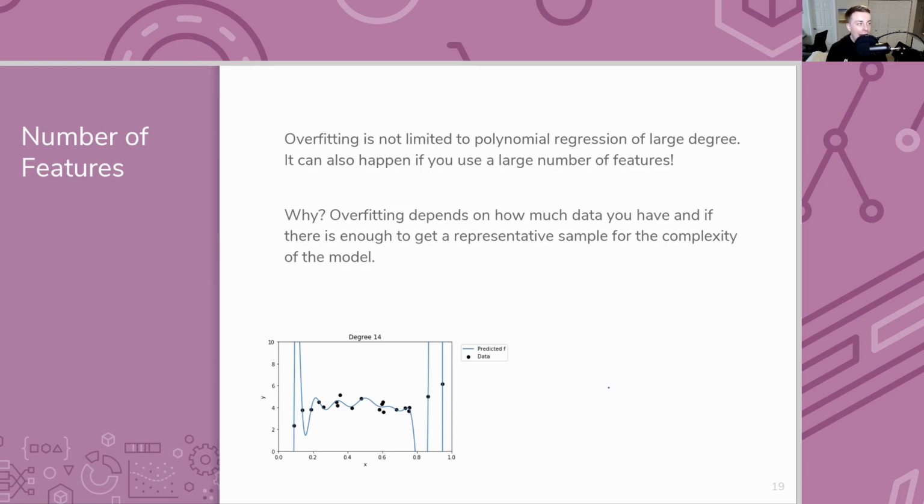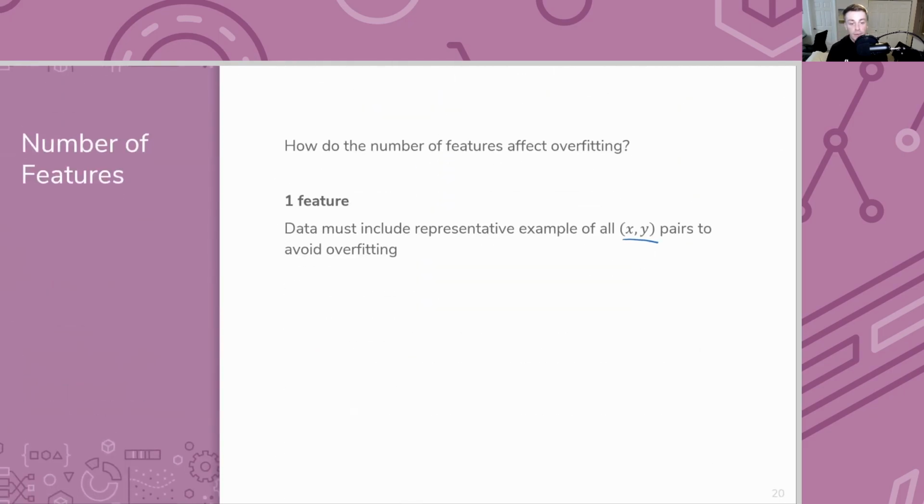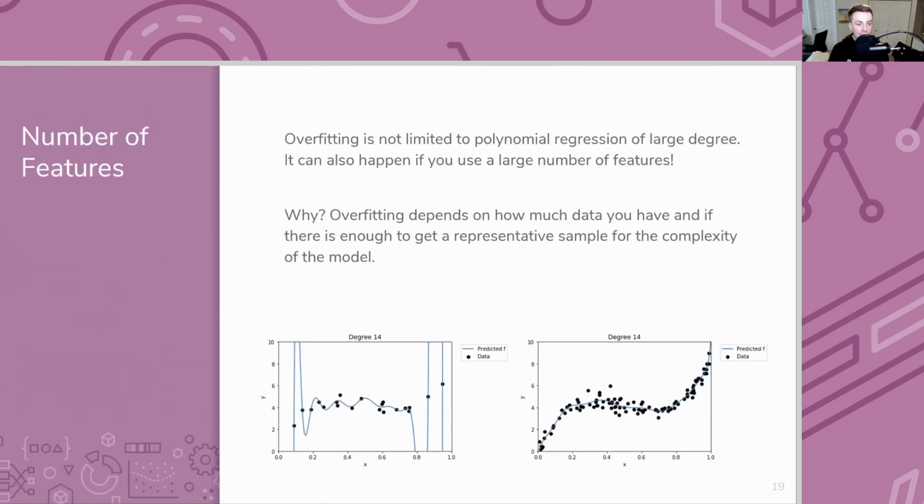But if I had another model trained on a lot more data, this curve it learns is much smoother. It's much harder for something to overfit when there's lots of data to train from.